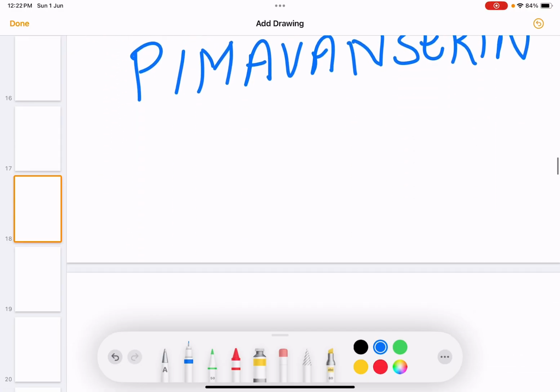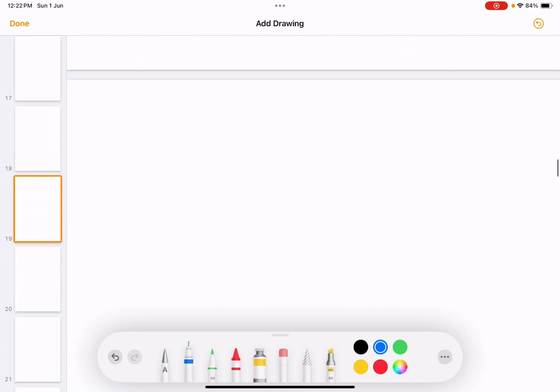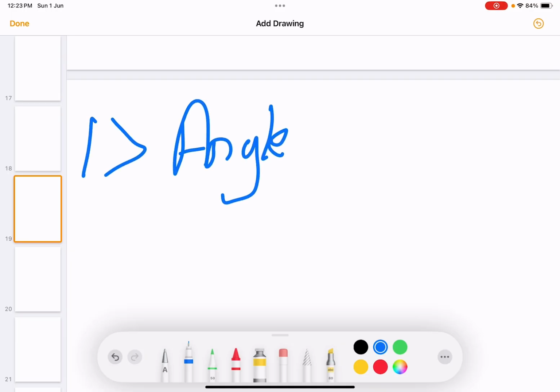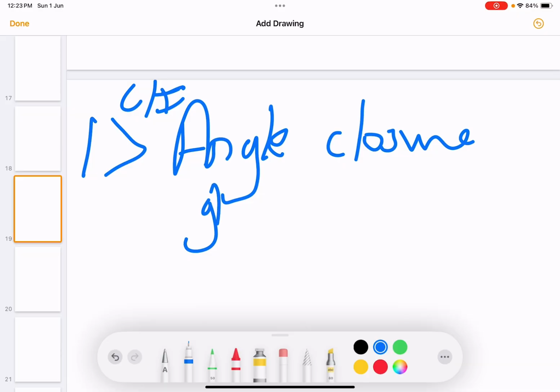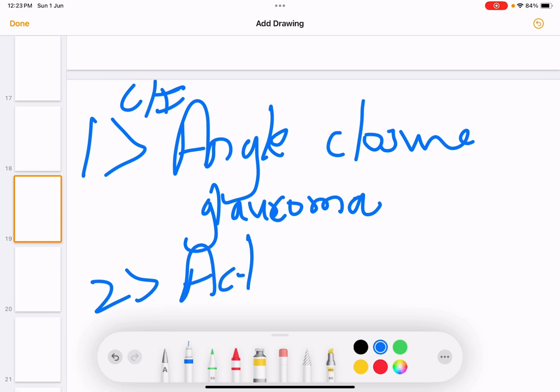Now there are certain contraindications of levodopa. So first we have already discussed, that is angle closure glaucoma. So now we are discussing contraindications. So one is angle closure glaucoma. Second is active peptic ulcer. So it can cause bleeding in the peptic ulcer.